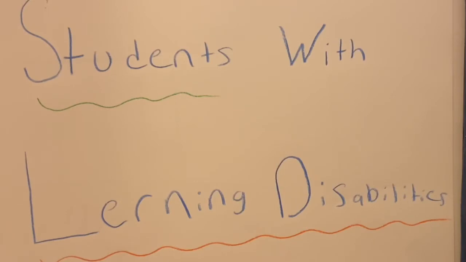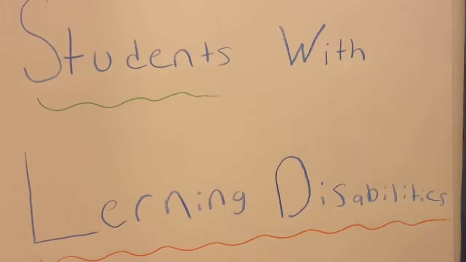Examples of learning disabilities that you may come across in the classroom could be students that are on the autism spectrum, or students that have a specific learning disability, or an emotional disturbance, or have had a traumatic brain injury. There are 13 things in fact that they could be.